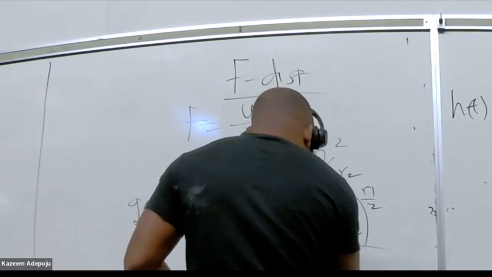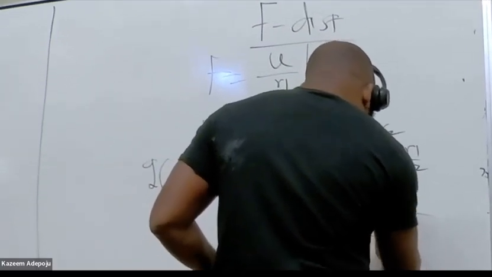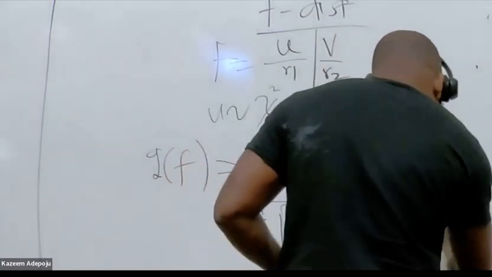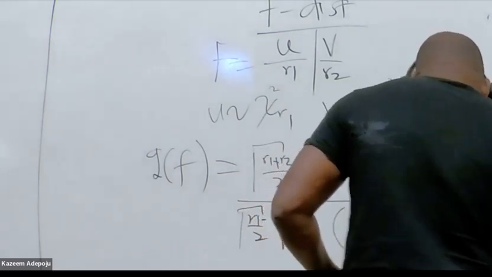Then I'm basically going to have R1, R2, F raised to power R1 plus R2 over 2.